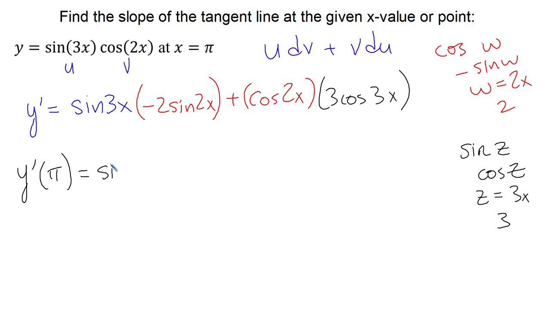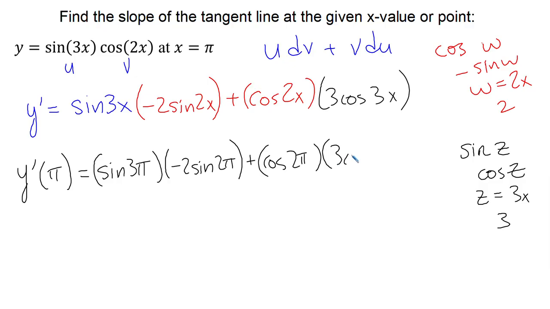Well, that's the sine of 3 pi times negative 2 sine 2 pi plus cosine 2 pi times 3 cosine 3 pi. First thing we should note is that the sine of 3 pi and the sine of 2 pi are both 0. So this whole first term is just going to go away.